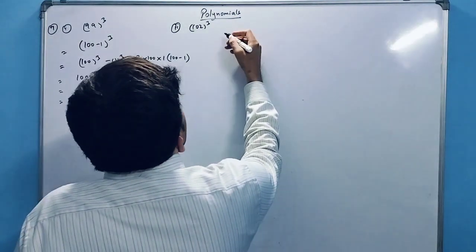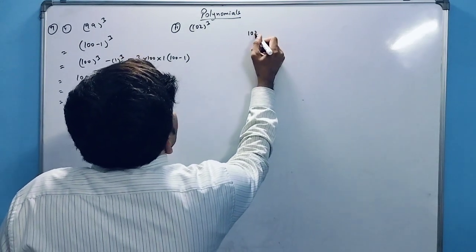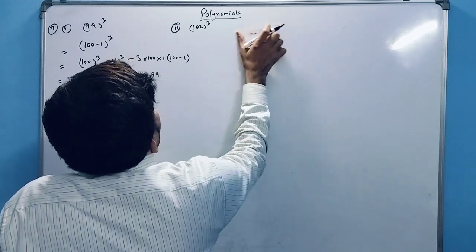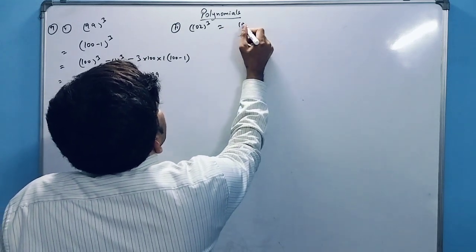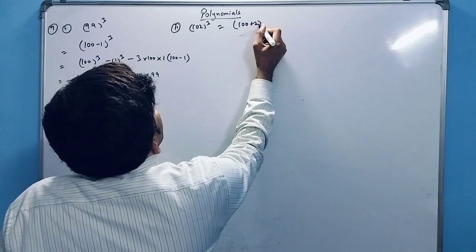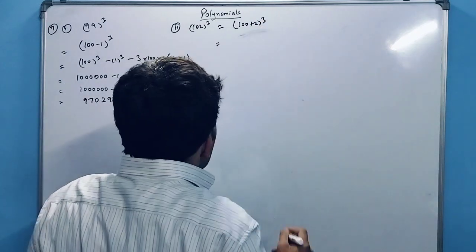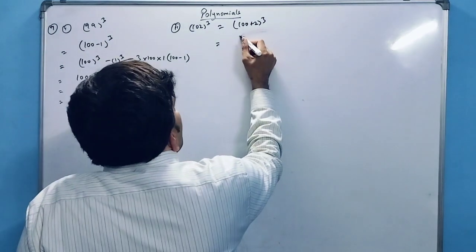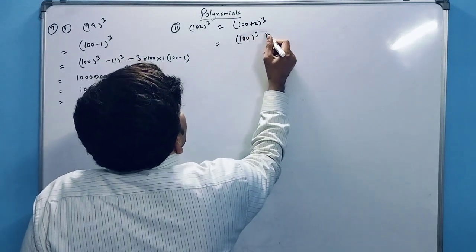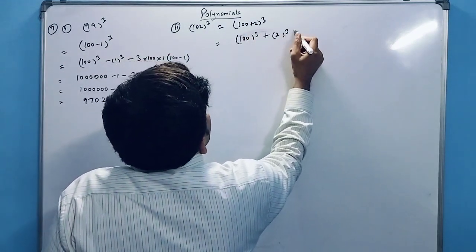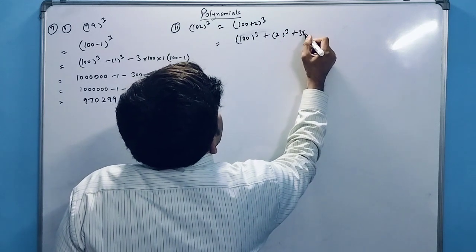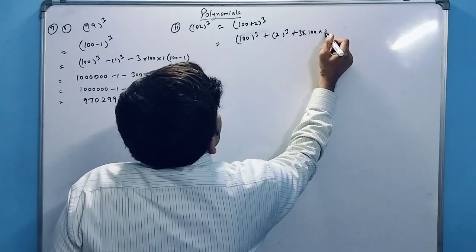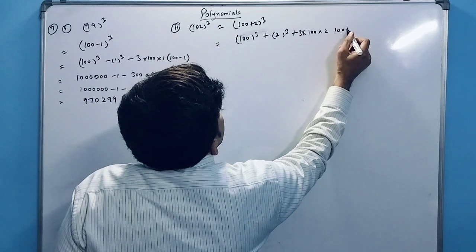Now let us see the next one, that is 102 whole cube. How can I write this? (100 + 2) whole cube. Now here I am using (a + b) whole cube. So here I will write a cube plus b cube plus 3 into a into b into (a + b).